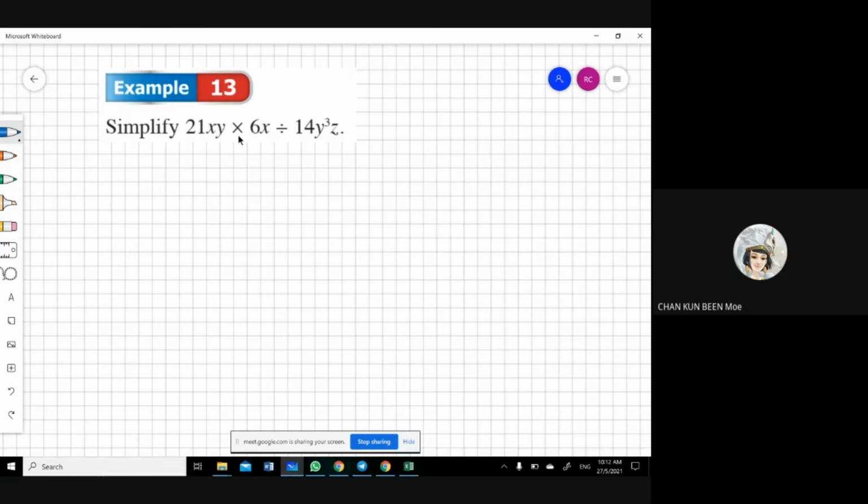So when it comes to the combination of multiplication and division, will it be difficult? No, it's still very simple. You just need to combine them together. So here, I'm going to write down in the form of fraction too. So whenever you see division, you are going to write down in the form of fraction.